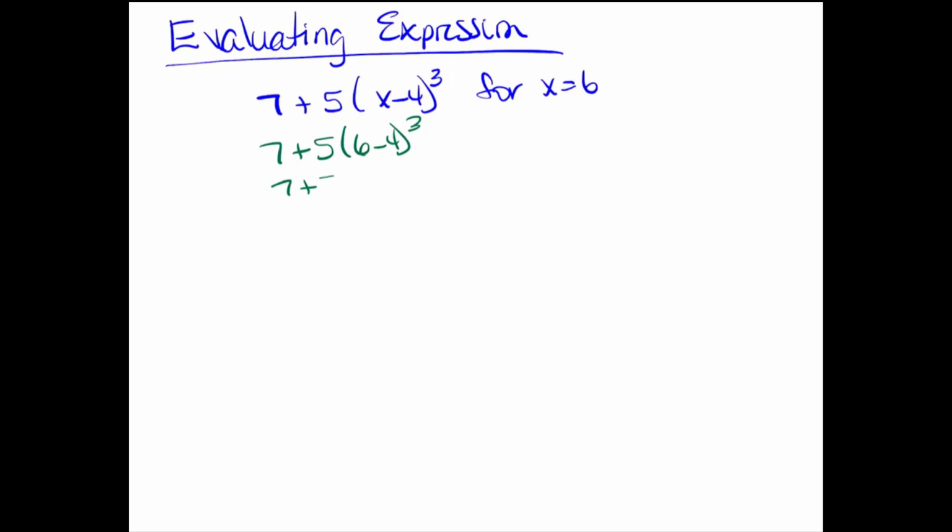So 7 plus 5 times 2 raised to the third power. Exponents: that 3 is the power we're raising to, so that's our exponent. So we'd have 7 plus 5 times 8. And then we're going to multiply, right? 7 plus 40. Then we're going to add those together and get 47 for our final answer.